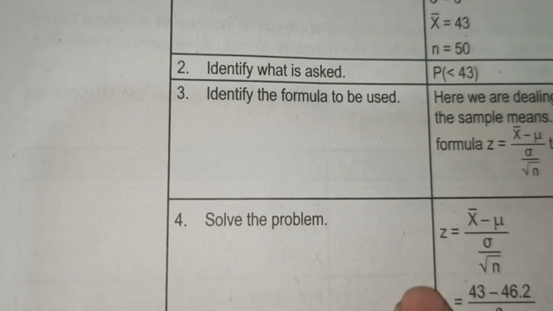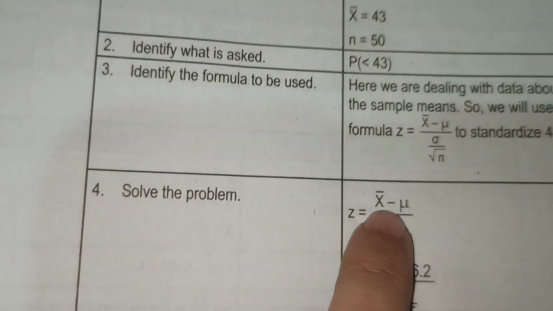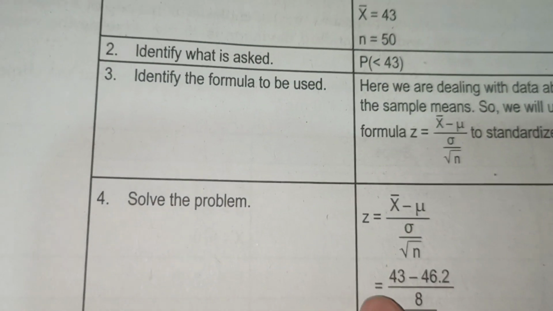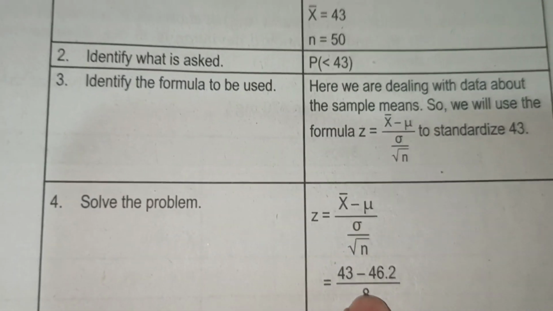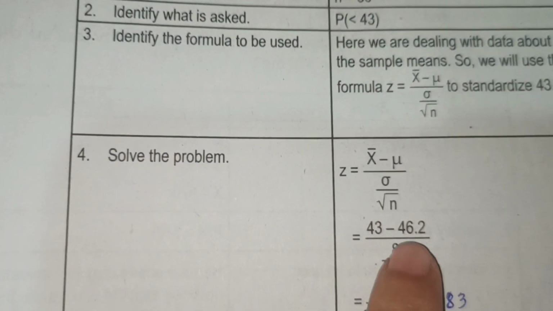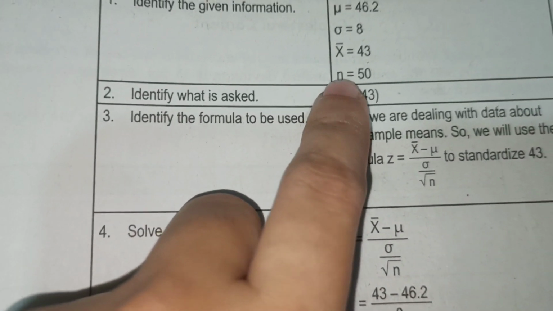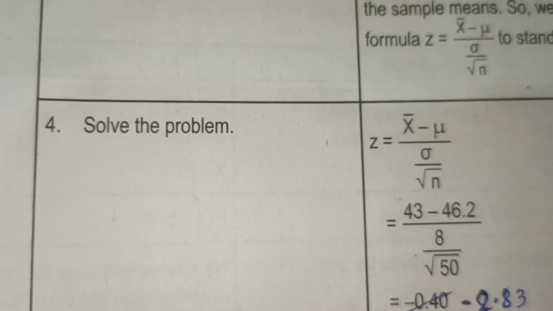Next, we're going to solve the problem. We're going to substitute the given to the formula. Ito yung formula natin. Yung sample mean, ito yun, 43, minus the population mean, which is 46.2, standard deviation na 8, and the sample size, which is 50, the square root of 50.